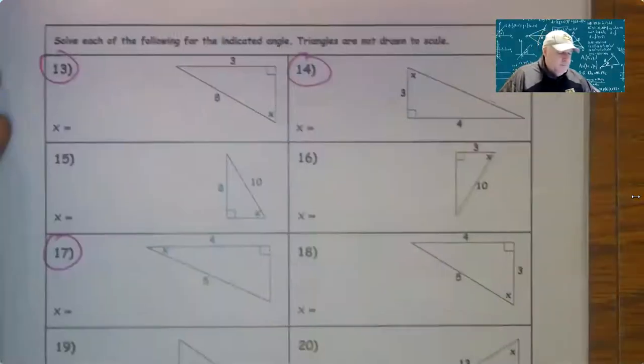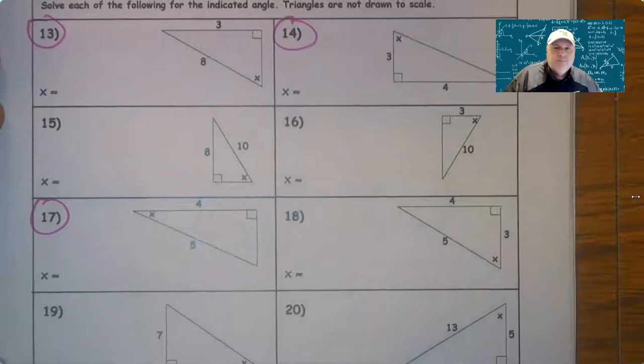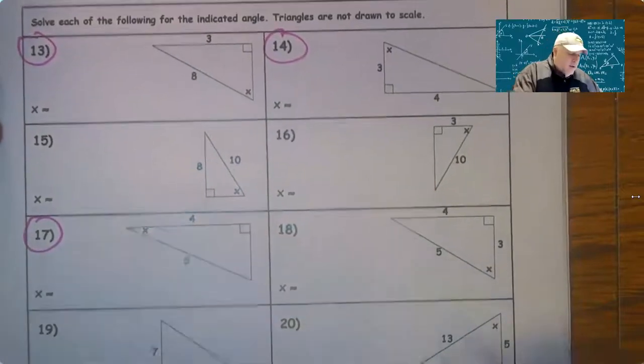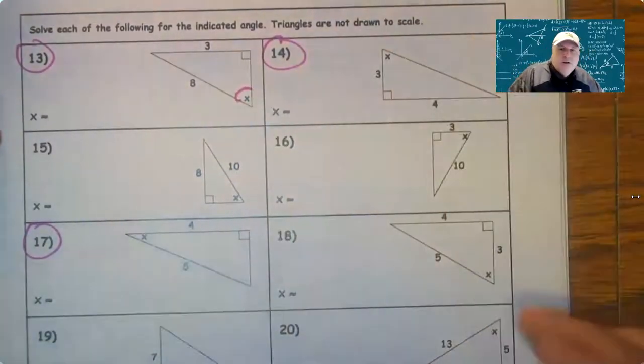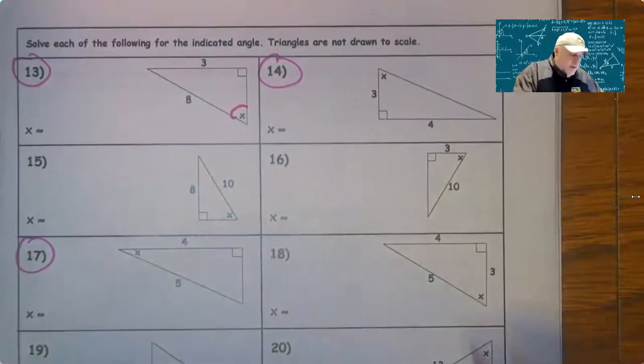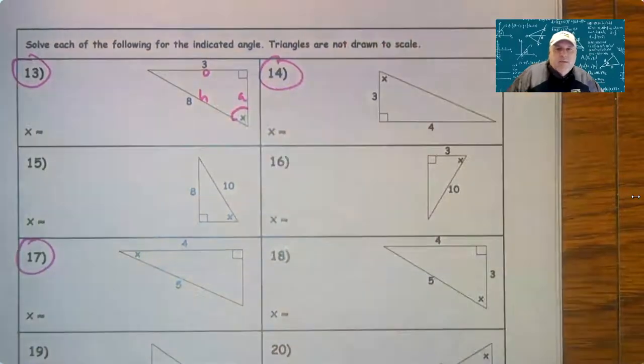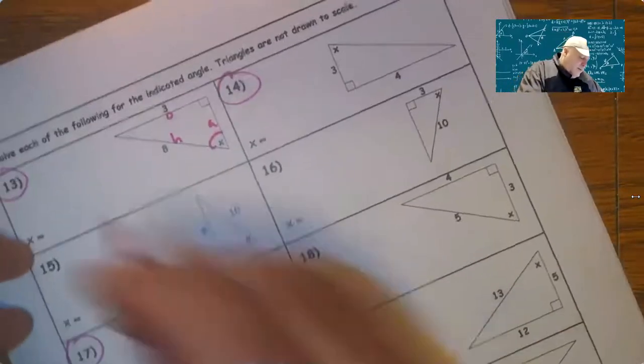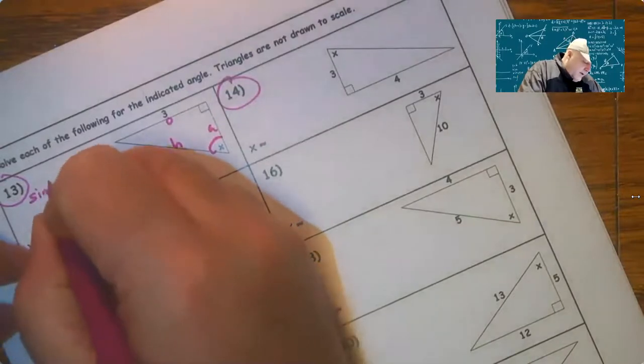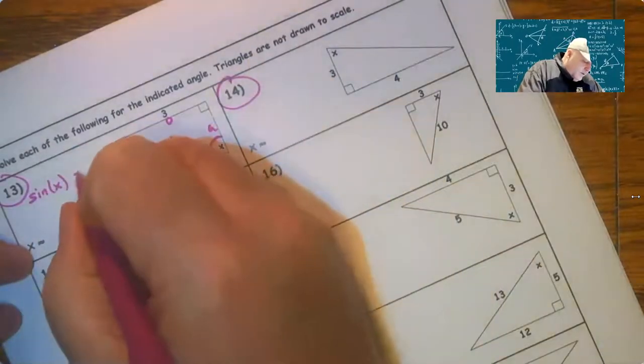So how is it that we approach solving for angles? Same thing. Note that you want angle X here. So that's going to tell you which one to pick. And so here we go. A, H, no. Now look at the O and the H, we have the 3 and the 8. So that's sine. But the problem is it's sine of X equals 3 over 8.